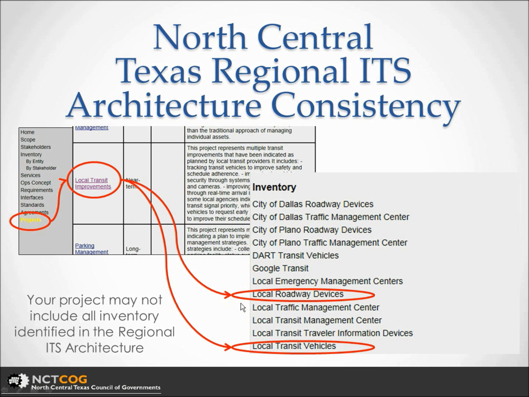For this particular project, local roadway devices, which would be traffic signals for small town, and local transit vehicles, which would be the small town buses, are the inventory items. It should be noted that not all inventory needs to be included in your project. Only those elements of the inventory on the ITS architecture website that are relevant to your particular project.